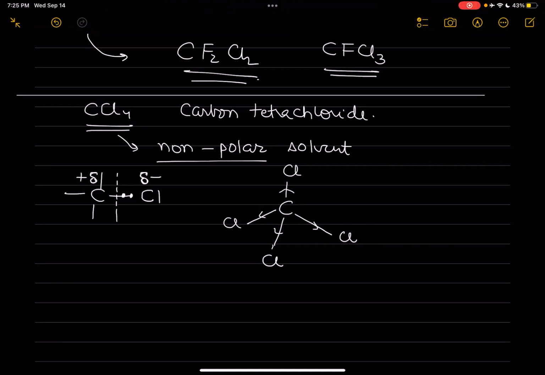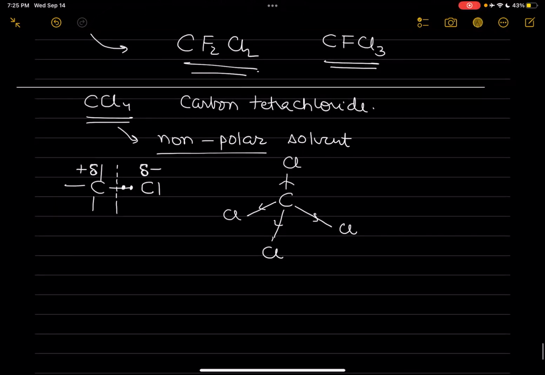So the net pulling of electrons gets cancelled. Dipole moment is a vector quantity. Whether the net molecule will be polar or not depends on the final check you need to do, because there are 4 Cl and they are all at equal angles.